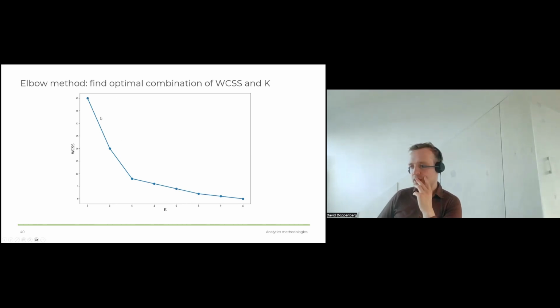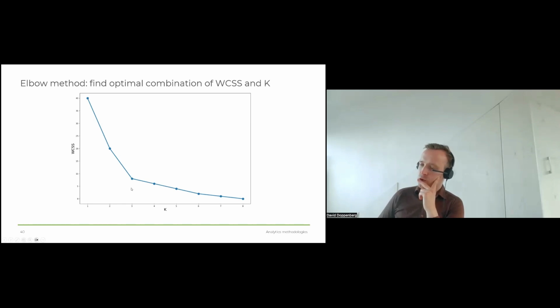But when you start at k is 1, you get a pretty large within cluster sum of squares. If you introduce a new cluster, you get a pretty large drop in the metric, in the KPI. Again, if you introduce 3, so one more, then still a pretty large reduction in the WCSS.